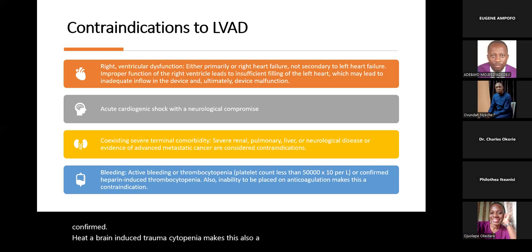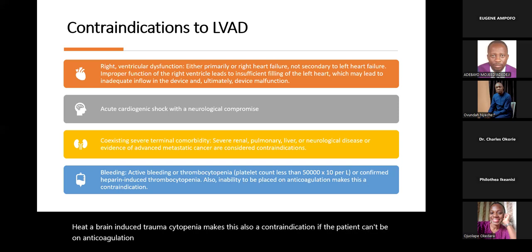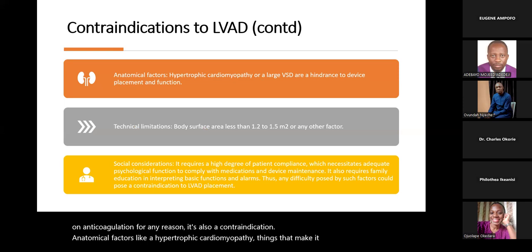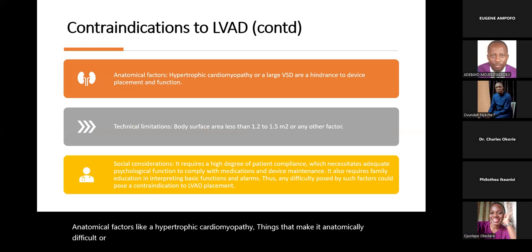If the patient can't be on anticoagulation for any reason, it's also a contraindication. Anatomical factors like hypertrophic cardiomyopathy, things that make it anatomically difficult or less feasible to place the device, are a hindrance to device placement, so they serve as contraindications.